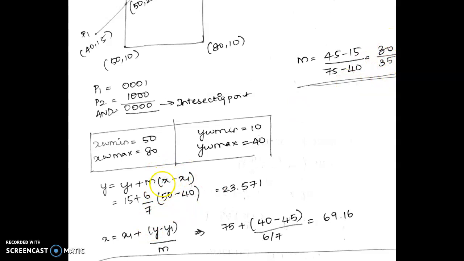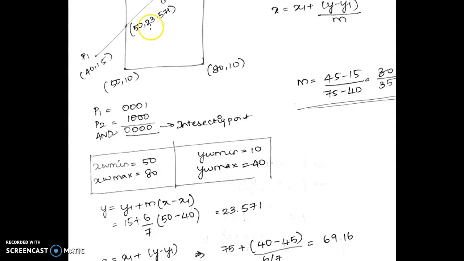The X value is the XW minimum value, because this intersection point lies on this line, so we take this 50, which we already know. And X1 is 40. If you calculate, you will get 23.571. This is the intersection point. So you can see clearly that this point is 50, 23.571.